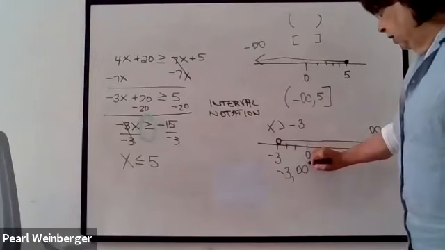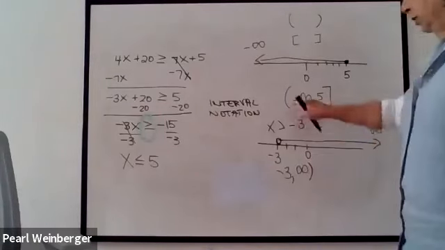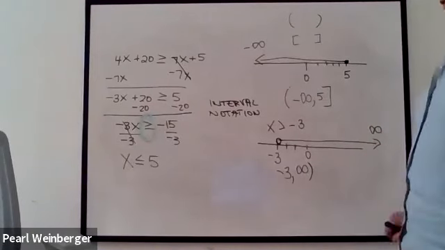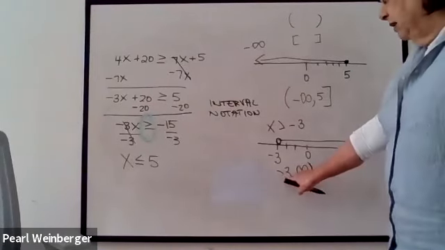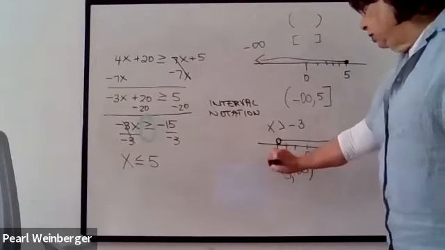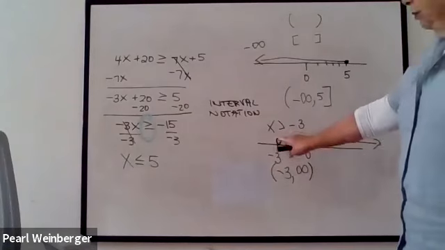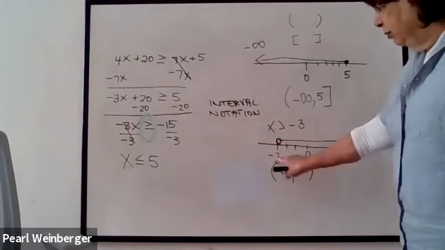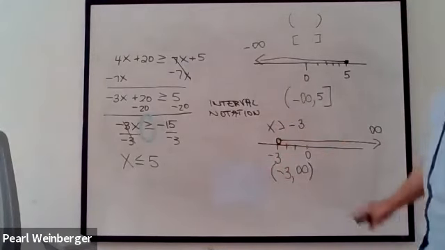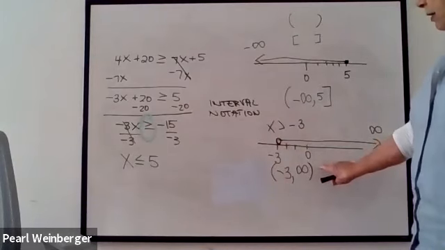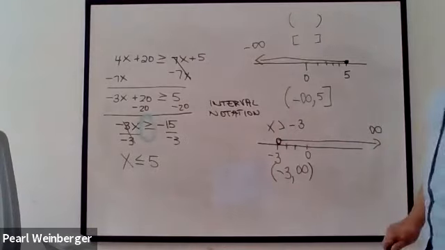At infinity, as I said before, just like at negative infinity, at positive infinity, that's always a parentheses. In this case, at the negative 3, it's also a parentheses because it's an open circle. An open circle means the x is not included. That's what the parentheses means. So here's what this would look like in interval notation.